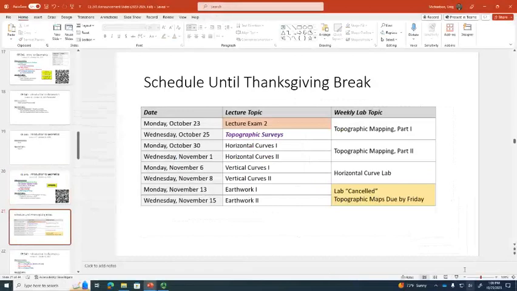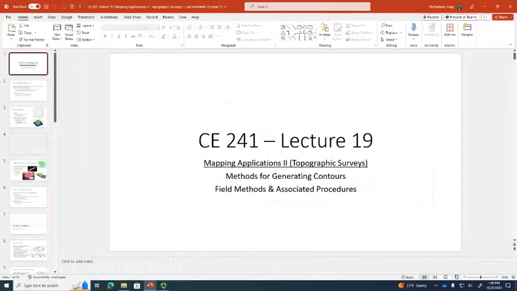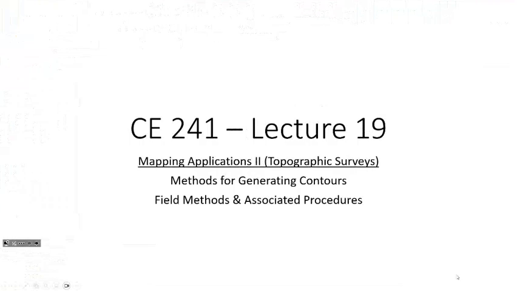Okay, let's talk about that today. All right, so let's talk about our second mapping application. I mentioned this in the pre-recorded lecture when we talked about property surveys, but when it comes to our job as land surveyors, ultimately, I think it would make sense that we're trying to generate some kind of schematic of the Earth.